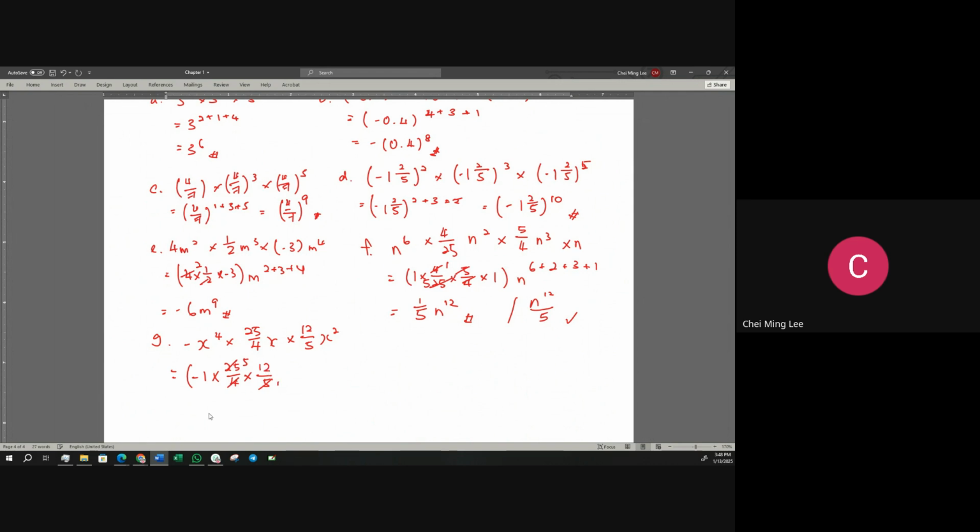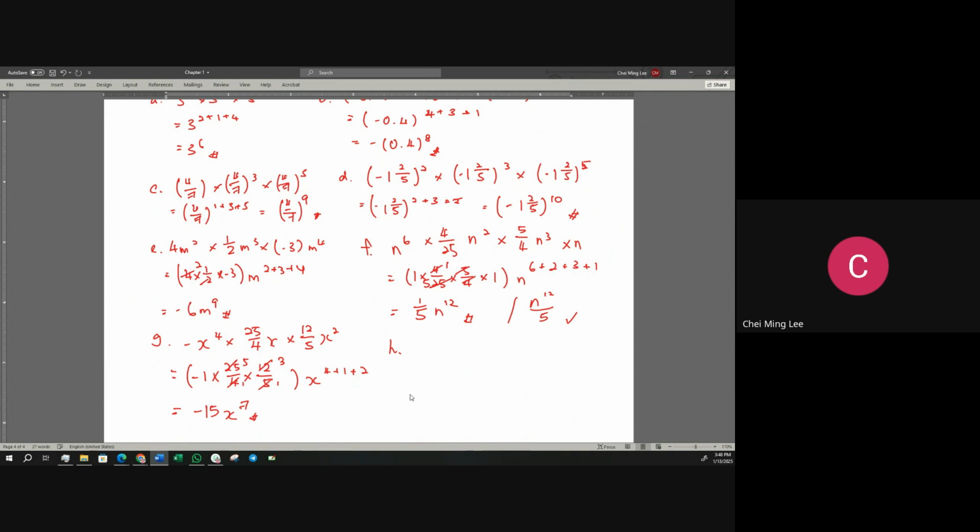This one gets 1. And this one and this one you get 3, 1. And then this is x to the power of 4 plus 1 plus 2. So negative 1 times 5 times 3, 3 times 5 is 15. So it's negative 15 x to the power of 7.